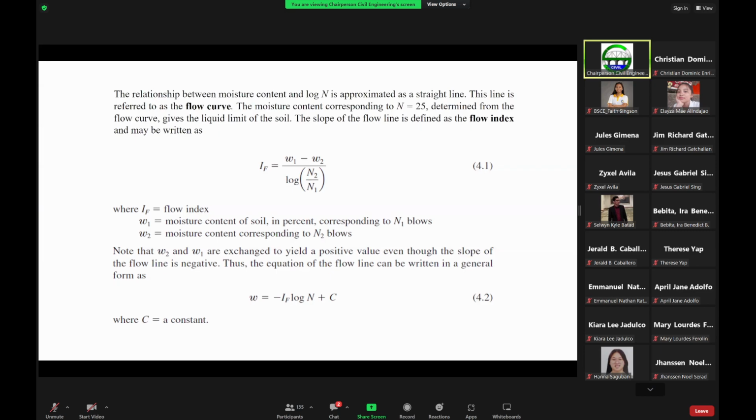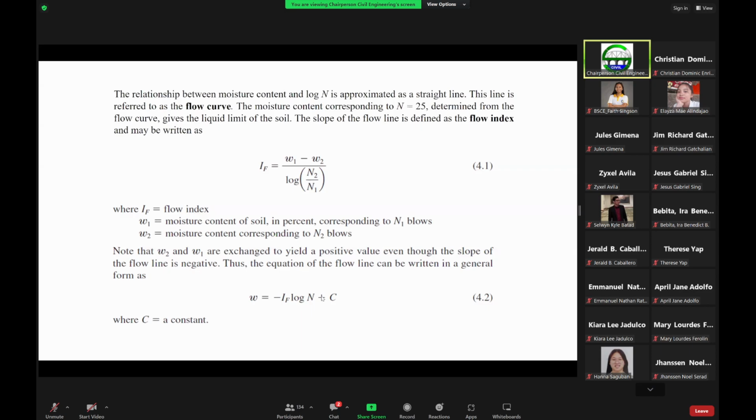Thus, the equation of the flow line can be written in a general form as given here in equation 4.2, wherein the moisture content is equal to the negative of the flow index multiplied by the log of the n number of blows plus a certain constant.